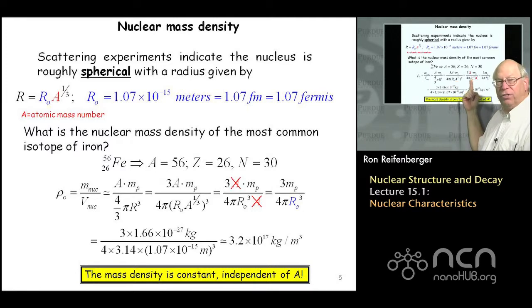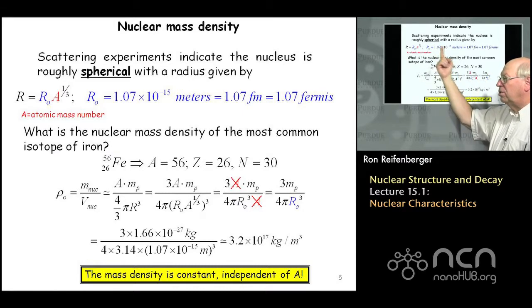What you find is that the atomic mass number A appears both in the numerator and denominator of this equation, and they cancel, and you end up with a very simple expression for the mass density, rho, in terms of the mass of the proton and this parameter R0, which is determined from experimental data.